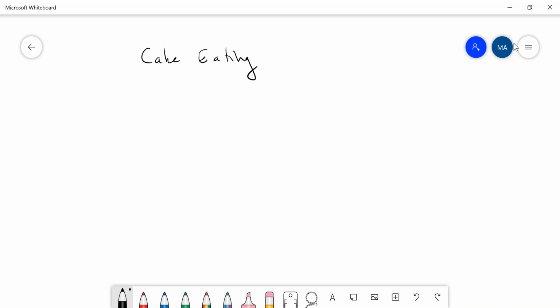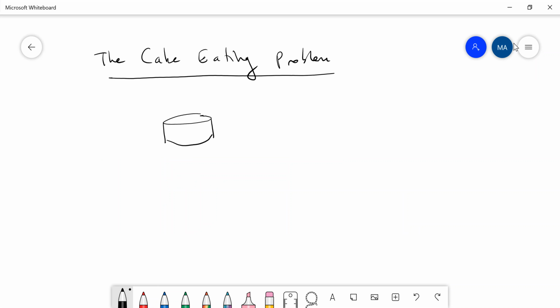In some textbooks, it is called the cake eating problem, okay? So obviously, there is this nice cake. You can actually have candles in it, all right? So this is a cake.